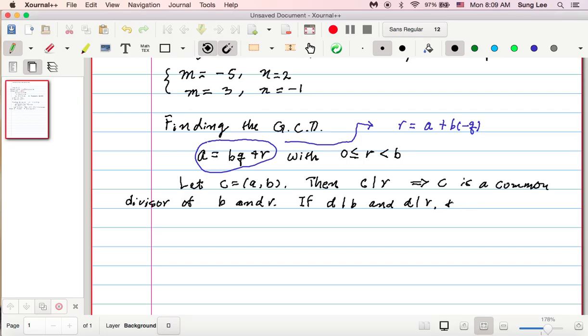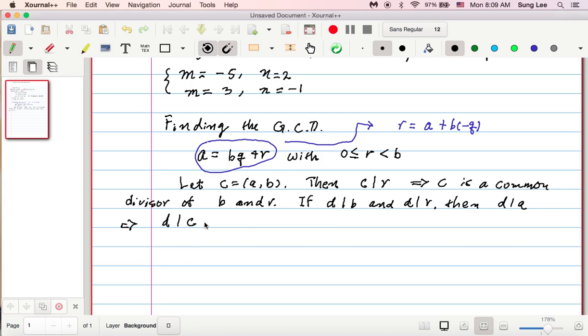So d is a common divisor of a and b, but we already know that c is the greatest common divisor of a and b. That means d must divide c.